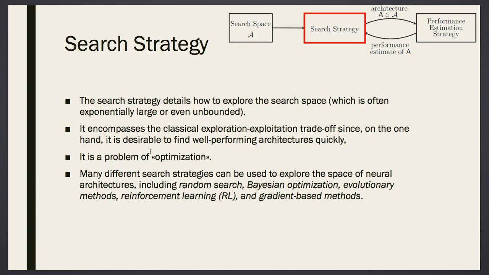So many different search strategies can be used to explore this search space of neural architectures, this guy. But namely, they could be random search, Bayesian optimization, evolutionary methods, reinforcement learning, gradient-based methods, neuroevolutionary techniques, evolutionary programming, genetic algorithms.